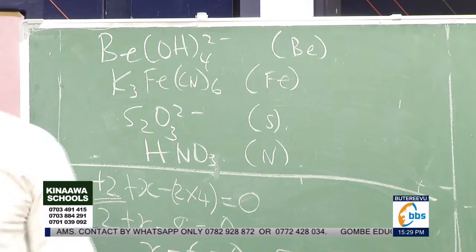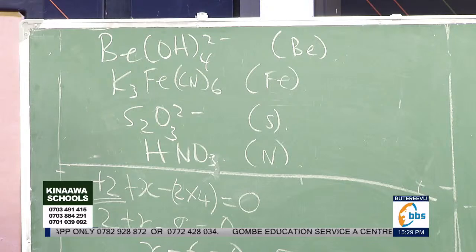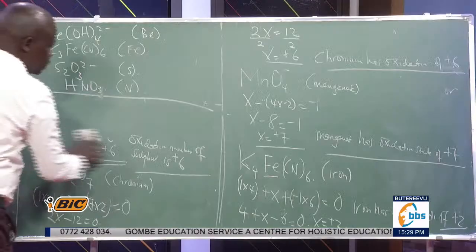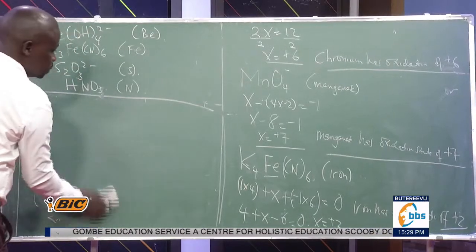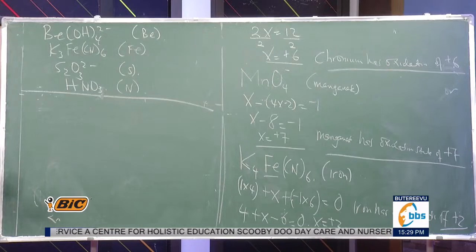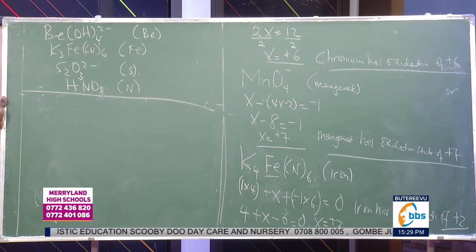Let us look at names of some common compounds. I think it's okay, it's not hard, it's easy, so long as you know the states. Oxygen is minus 2, and metal.